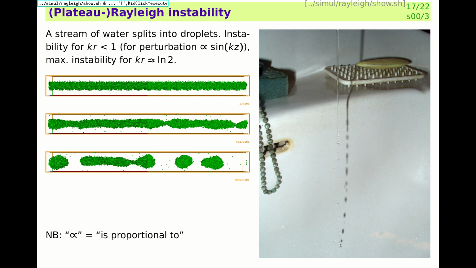There is a certain theory about this that can be calculated, but it's not important now for us. The theory says that the maximum instability is for the so-called wave number, that is 2 pi over this length. The wave number times the radius is the logarithm of 2, but we can also simulate this, and I will show now this simulation.